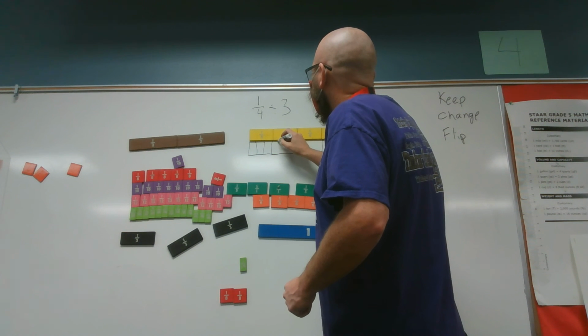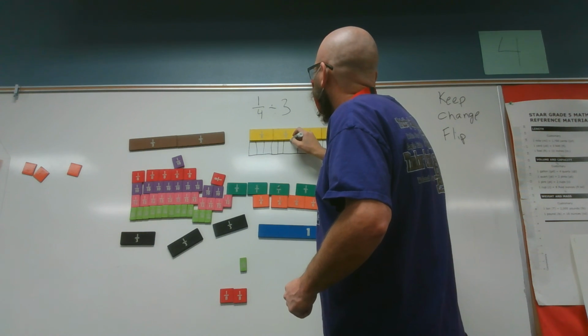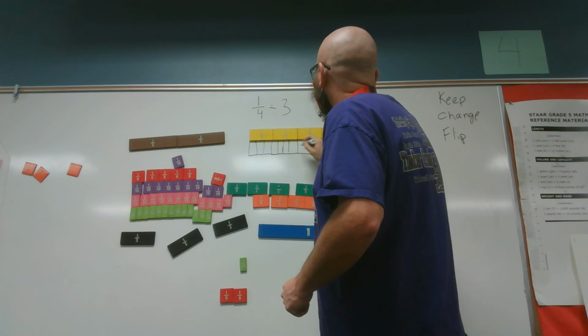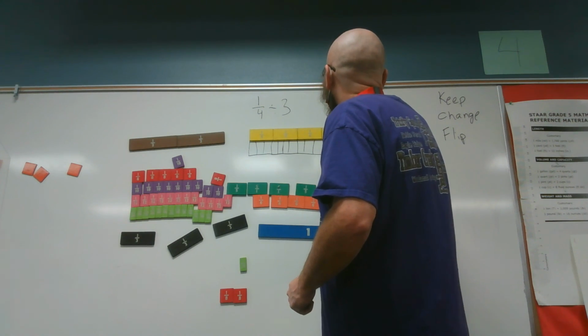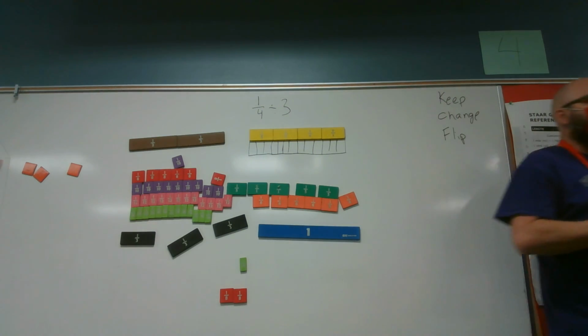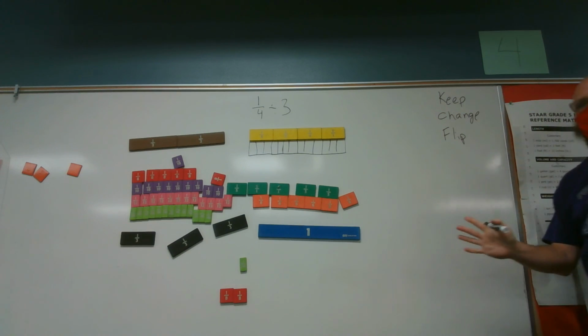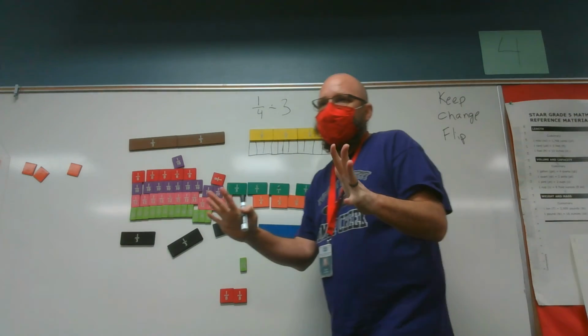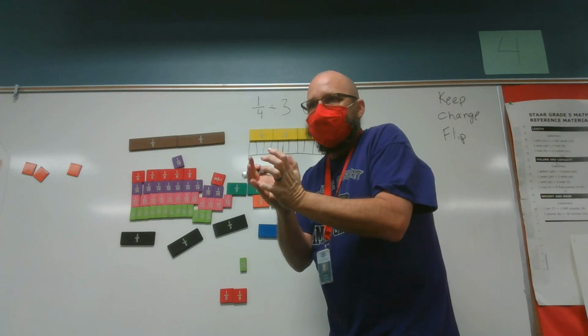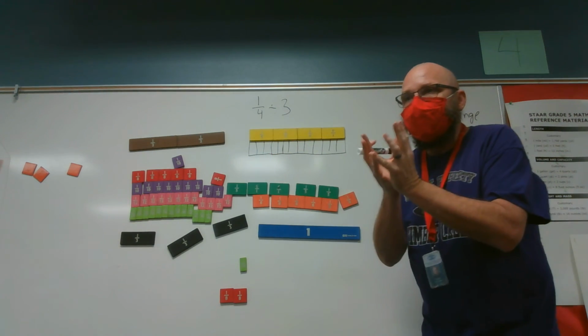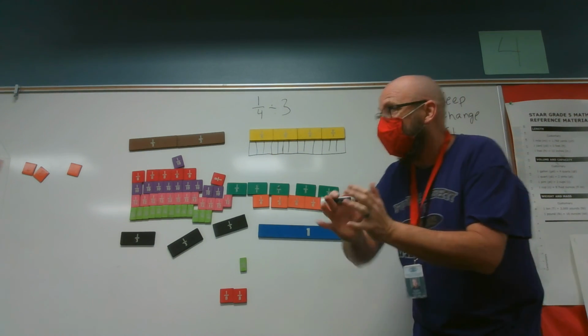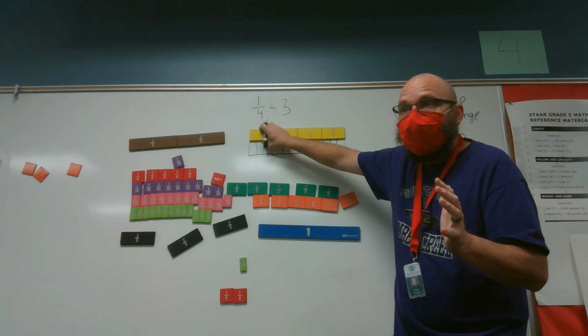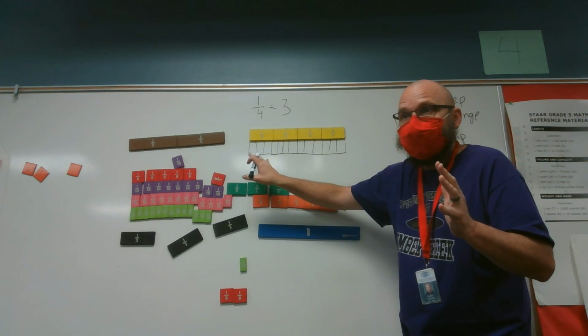to show him. 1, 2, 3, 1, 2, 3, 1, 2, 3. And he goes, look, Jordan, I'm going to talk slowly to you and use small words. Okay, sandwich, 1/4, 3 pieces.